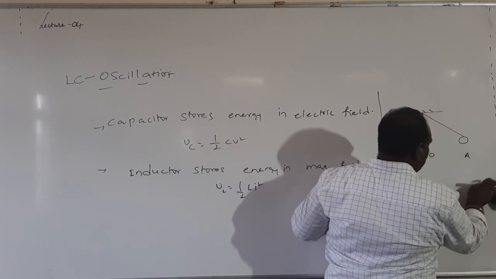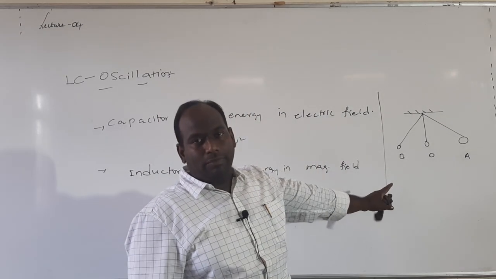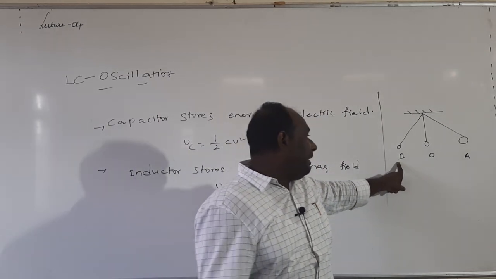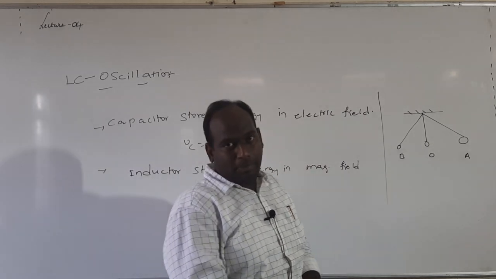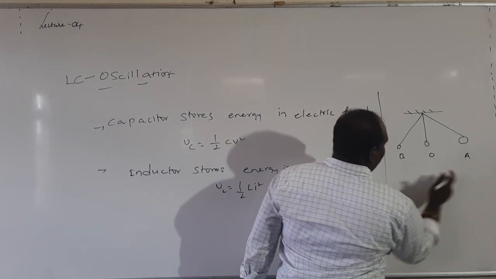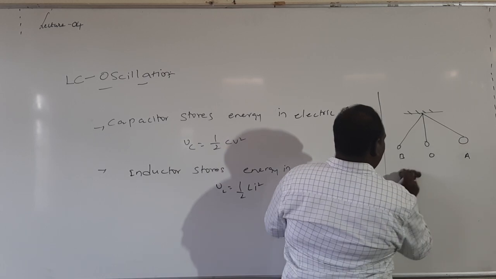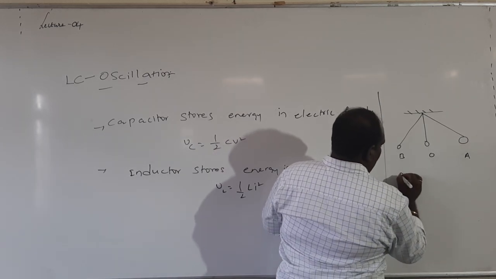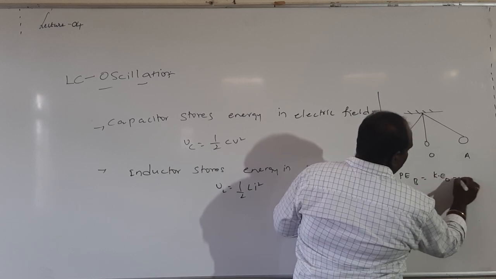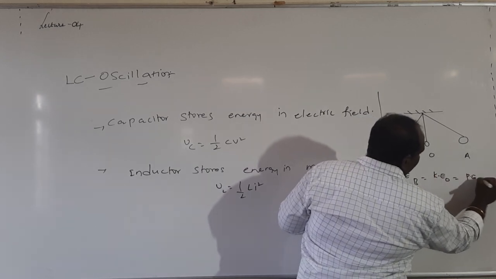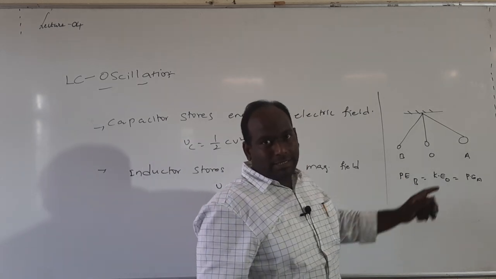So in this simple pendulum motion, we can say energy is neither created nor destroyed, one form of energy is converted into another form. At B it has potential energy, at O it has kinetic energy, at A it has potential energy. So I can write: potential energy at B is equal to kinetic energy at O equal to potential energy at A. So here the energy of the oscillator does not change.